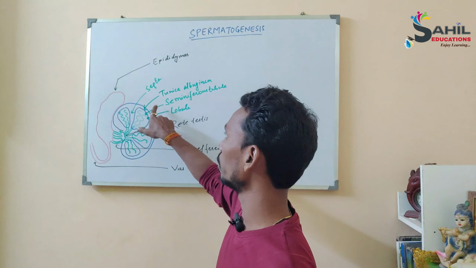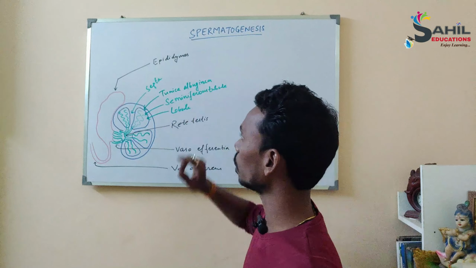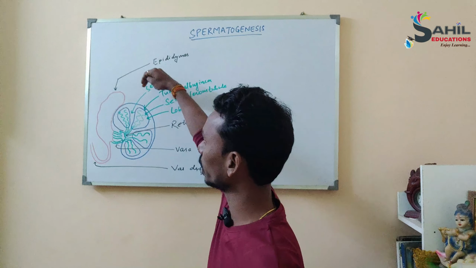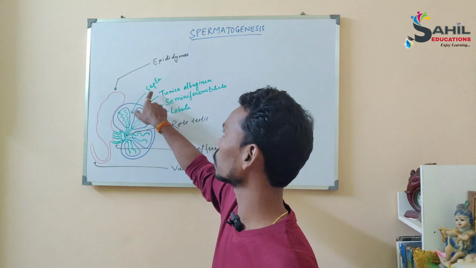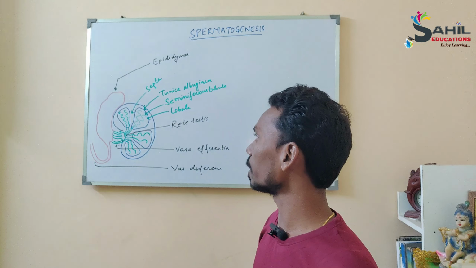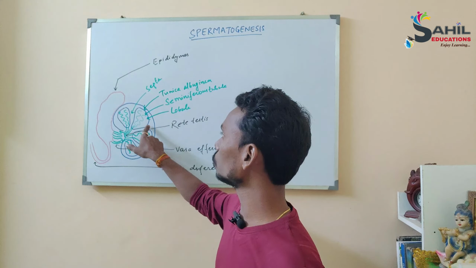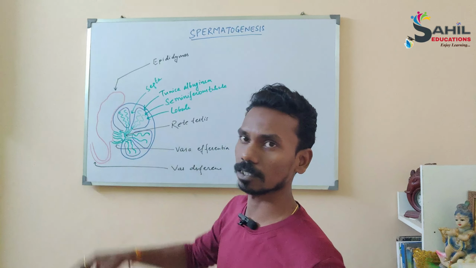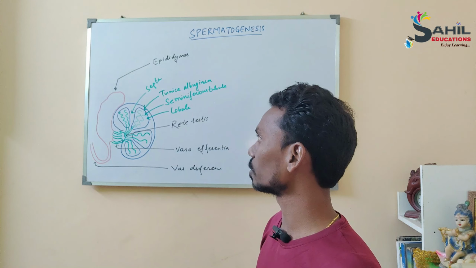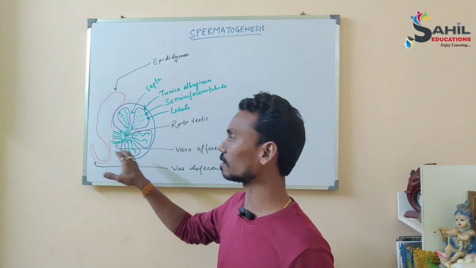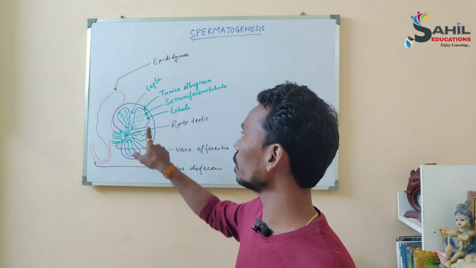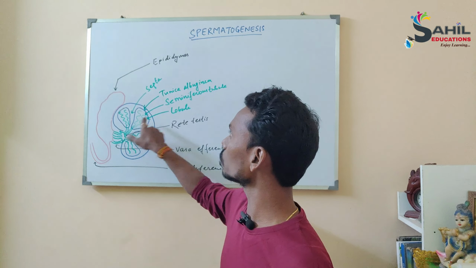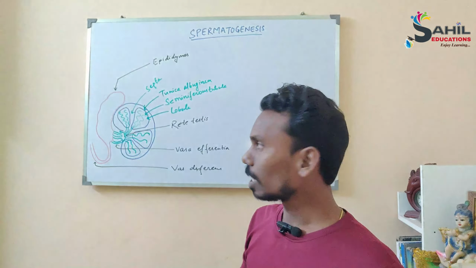The outer layer of this testis is the tunica albuginea, and this tunica albuginea goes inside the testicle and makes structures named septa. In between two septa, a lobule-like structure forms, and the number of lobules in a single testicle is approximately 15 to 20, and each lobule contains 2 to 3 seminiferous tubules.